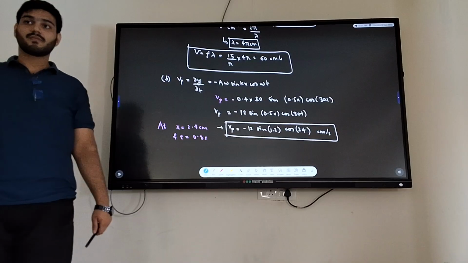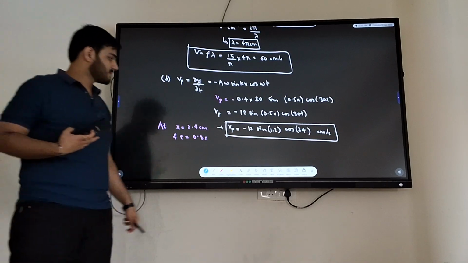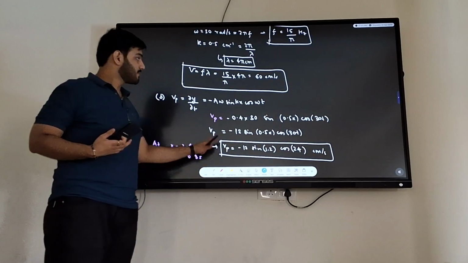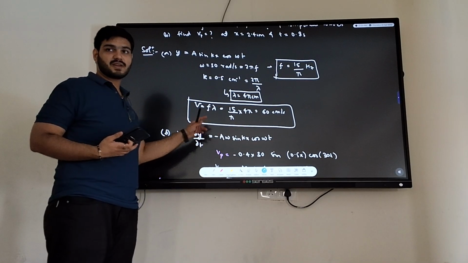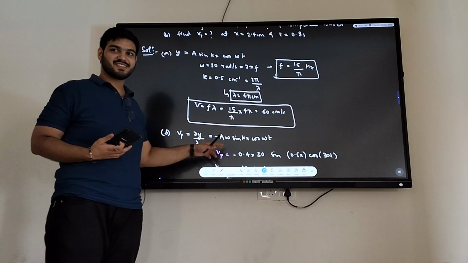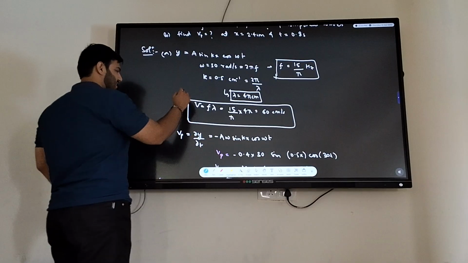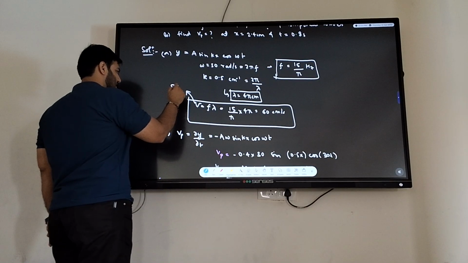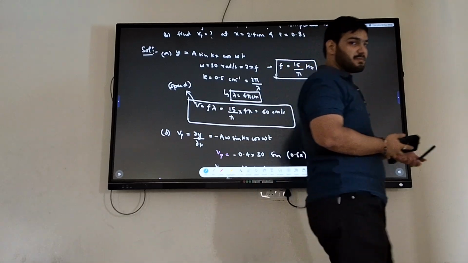So in the first one it should be plus or minus 60 centimeters. Plus or minus 60, yeah? Yes. They are asking of the component waves. Yes, could be anything. What if I ask speed now? Speed is this. Yes, that can be plus or minus 60.